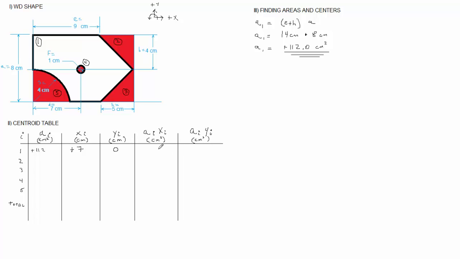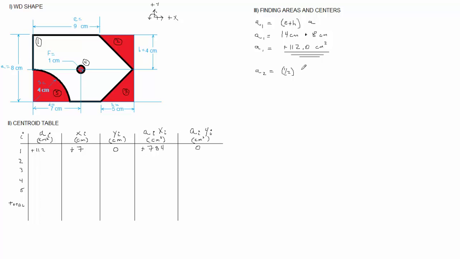So now to get these last two columns, we just multiply the numbers together. And I will not require that you show that step in your work. However, you need to make sure that you do it accurately. Now the second shape is a triangle, and the area of a triangle is 1/2 times base times height.